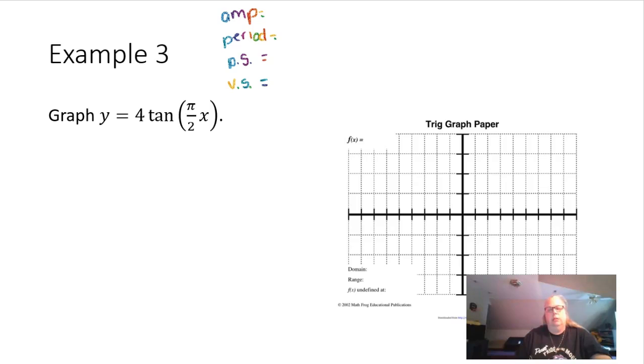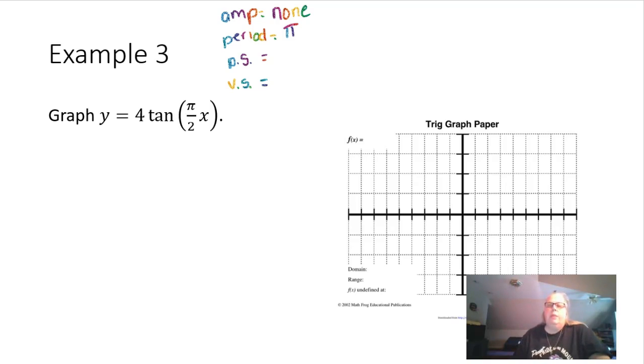The tangent, like the secant and the cosecant, does not have an amplitude because the range goes from negative infinity to positive infinity. The period on the tangent curve is pi. So unlike the sine, the secant, the cosecant, and the cosine, instead of being 2 pi, the period on the tangent and the cotangent is pi.